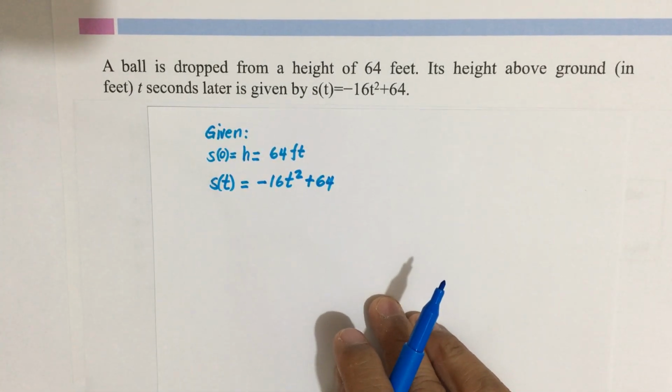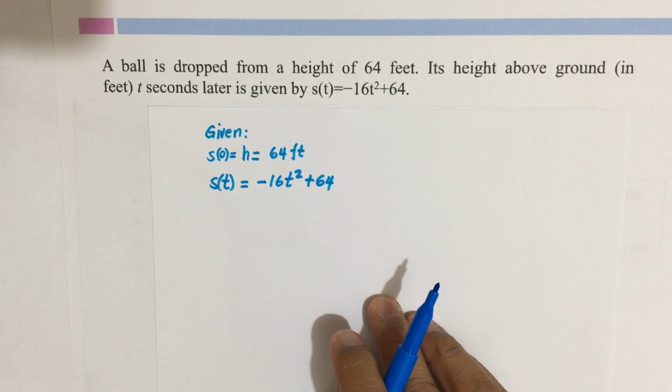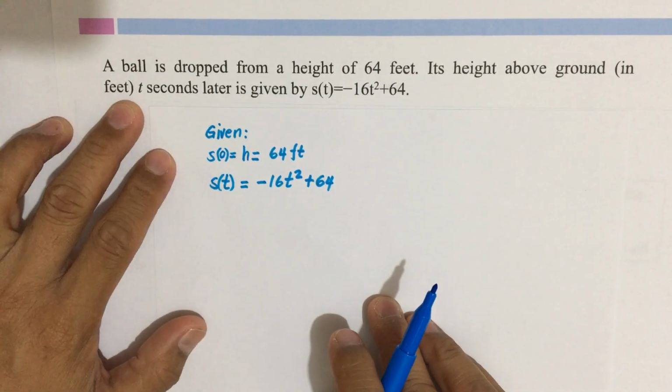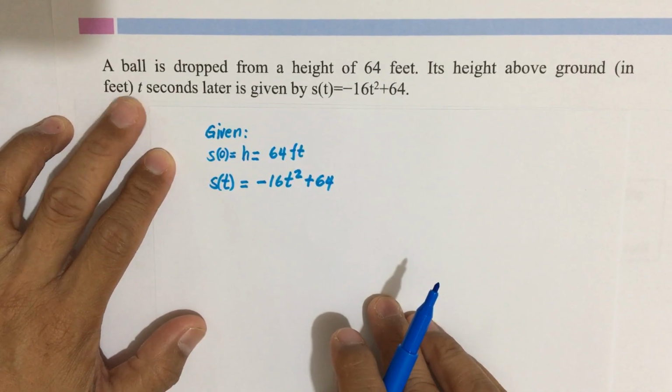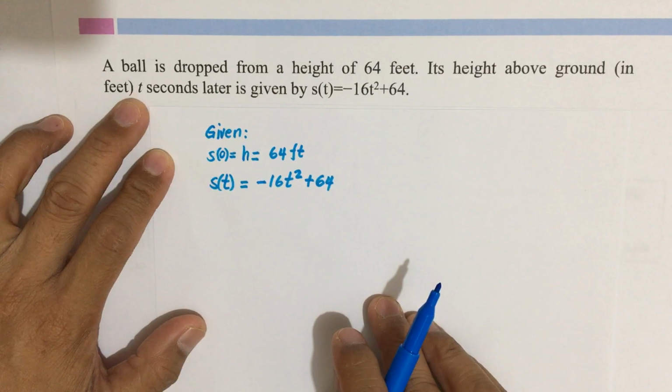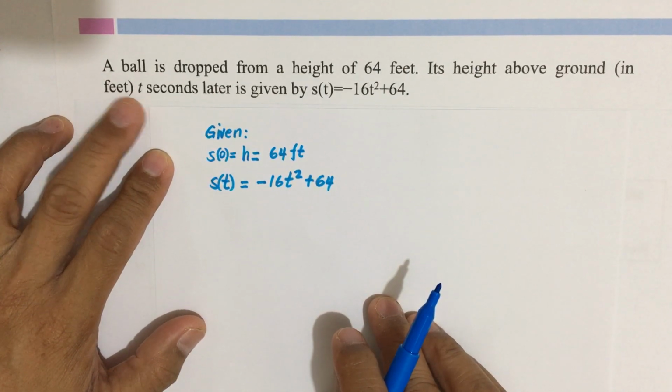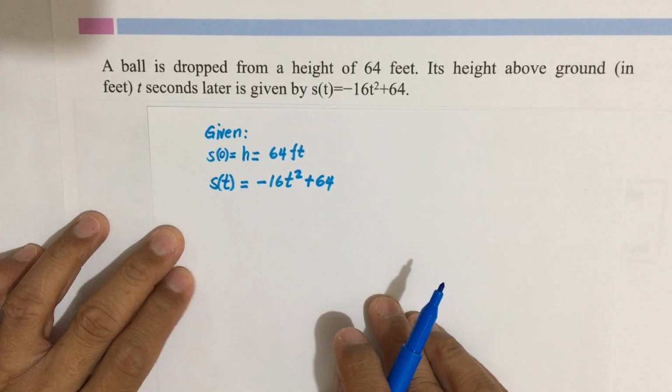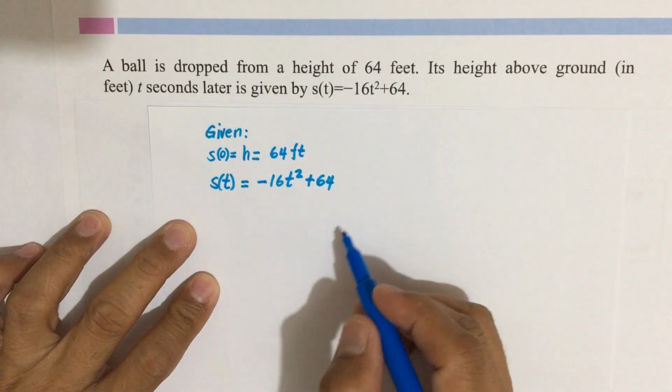So its height above ground in feet, t seconds later. So t here can be any value. It can be at t equal to 1 second, at t equal to 2 seconds, or at t equal to 0.5 second. Alright, so these are the givens.